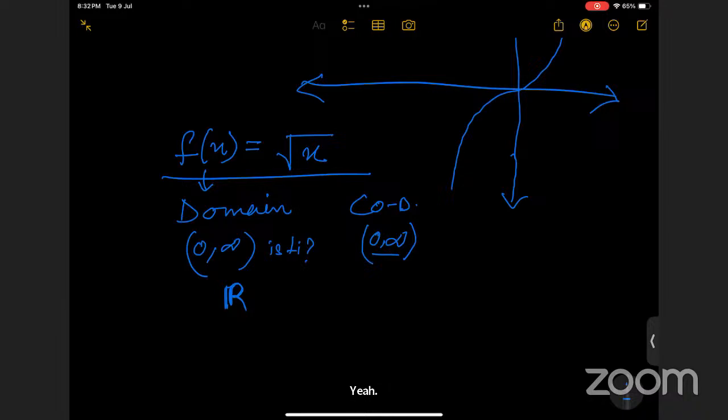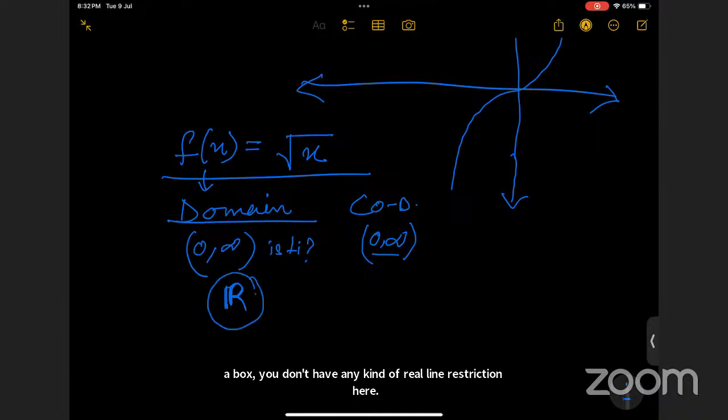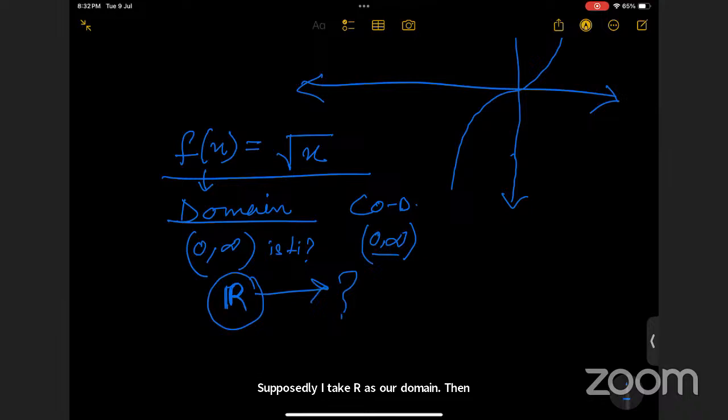Okay. So if we take R as our domain, suppose we don't have any kind of restriction here. We are working on the real line, no? Suppose I take R as our domain, then what will be the codomain? What about the codomain?